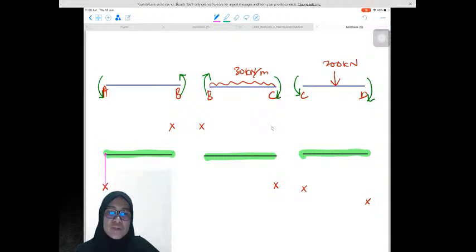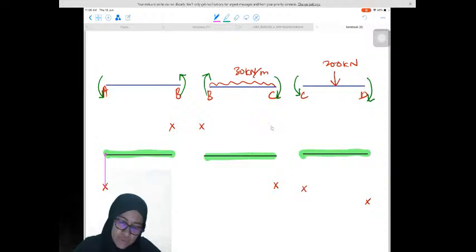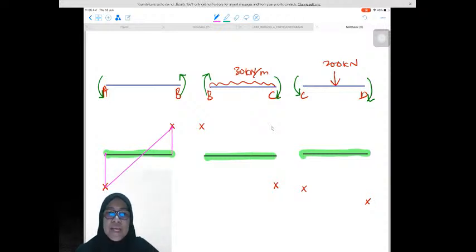Since there is no external load on member AB, we just have to join these two dots. Then we must close this diagram at 0, so here. As you can see, this is the bending moment diagram for member AB.